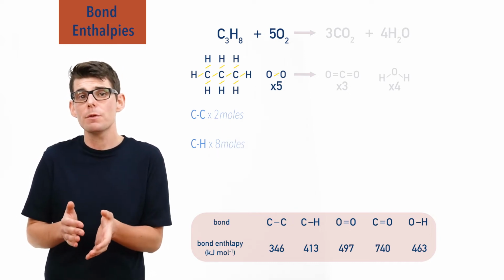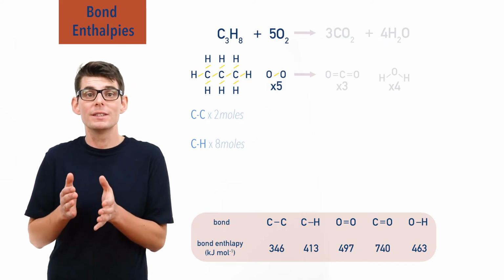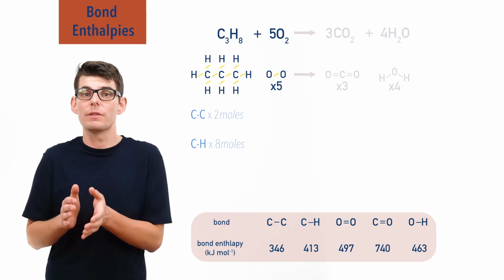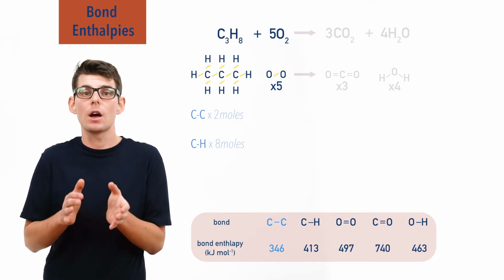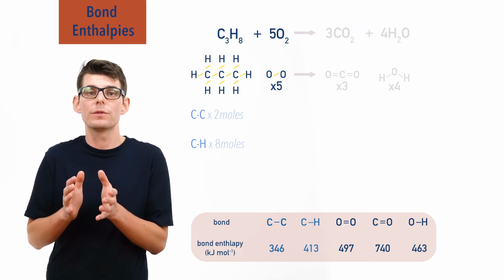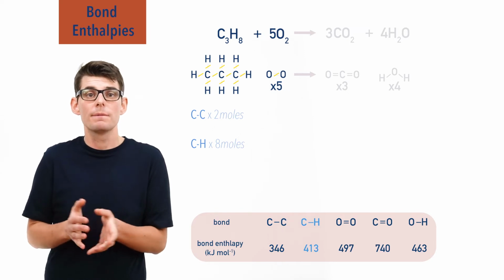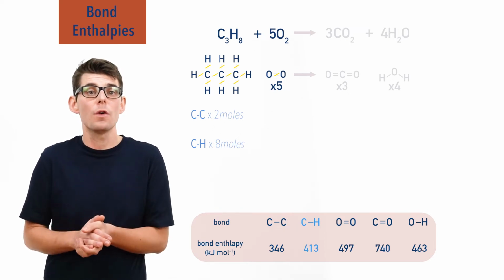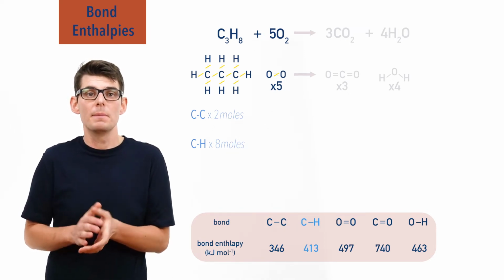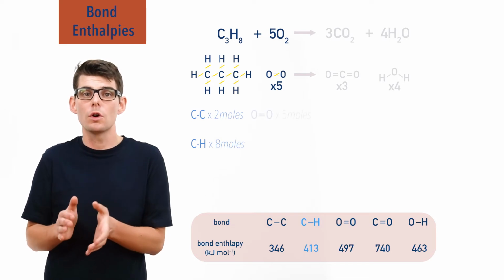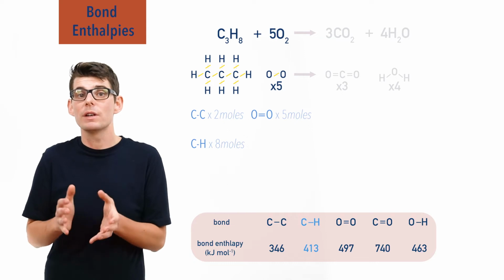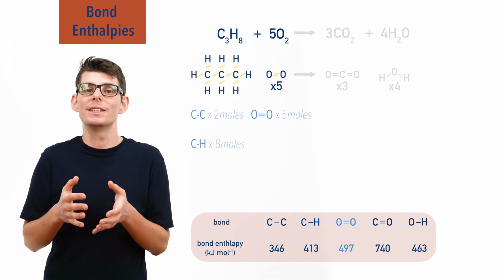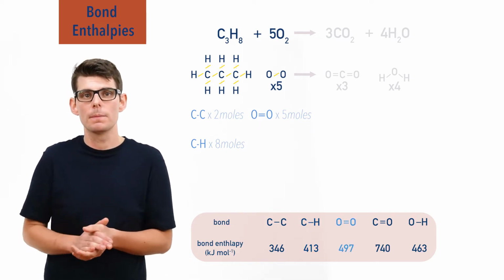Looking at the bond enthalpy data for these bonds, we can see that the carbon-carbon bonds have a bond enthalpy of 346 kilojoules per mole and carbon-hydrogen bonds 413 kilojoules per mole. There are also 5 moles of oxygen molecules reacting, meaning 5 moles worth of oxygen-oxygen bonds must be broken, with oxygen-oxygen bonds having a bond enthalpy of 497 kilojoules per mole.